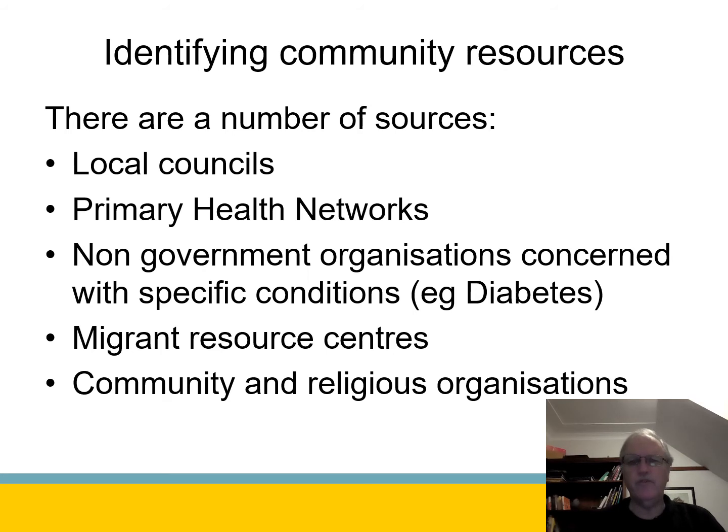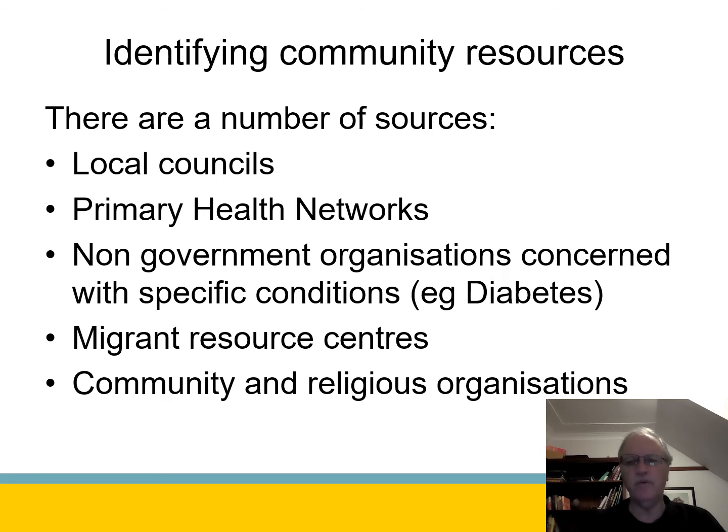There are a number of sources of information about community resources. Local councils, local government, have directories of services that are available in their area. These are often extensive lists of various programs and organisations providing local services that may be relevant to patients.